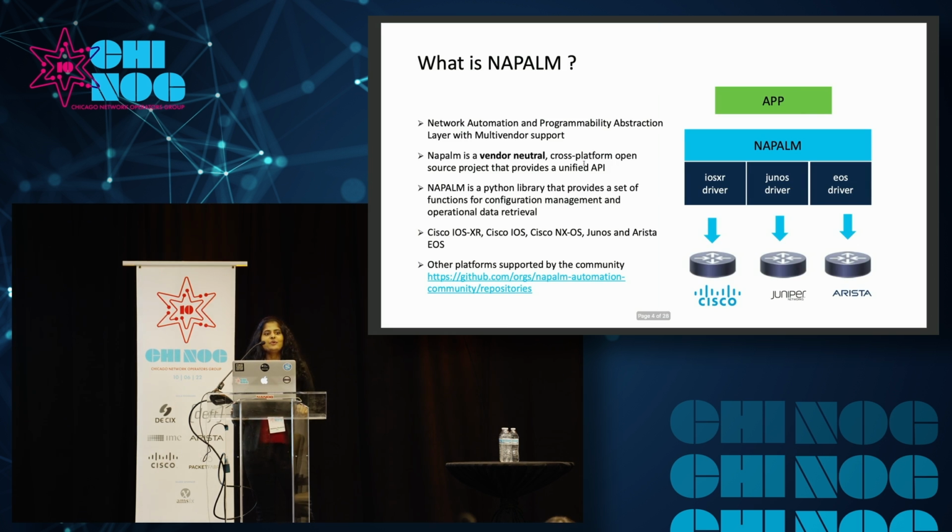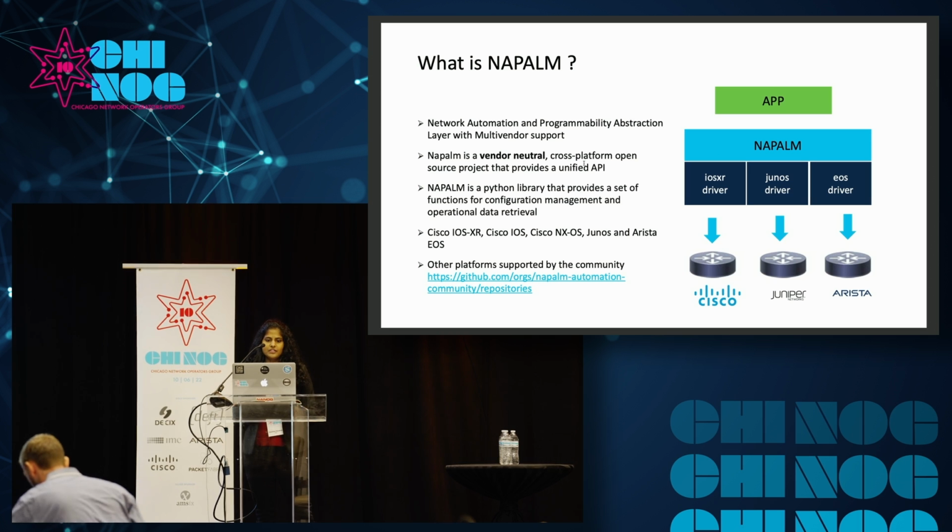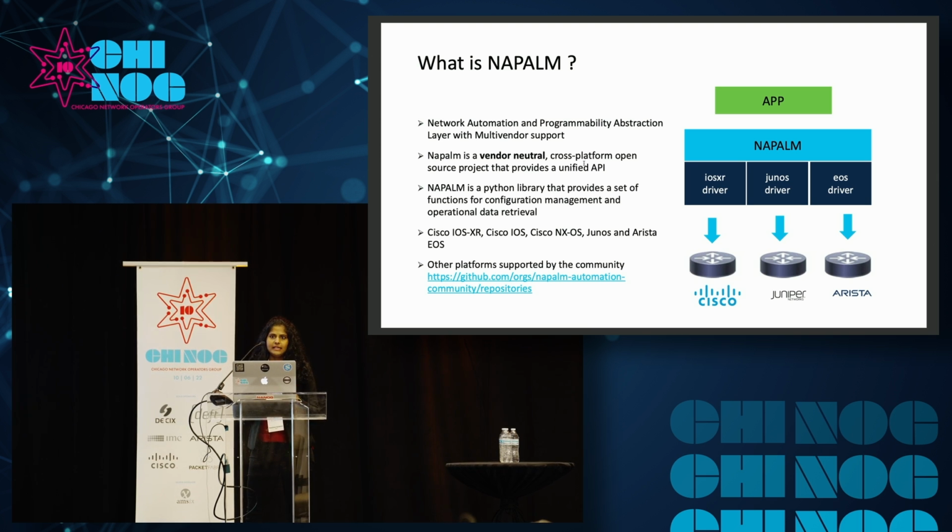Okay. So what is Napalm? It's a vendor-neutral Python library which provides a set of APIs that helps you to manage the network configuration and operational data. It is expanded as Network Automation and Programmability Abstraction Layer with multi-vendor support. That means it abstracts a few APIs, and these abstracted APIs are implemented by separate drivers for the different platform vendors.